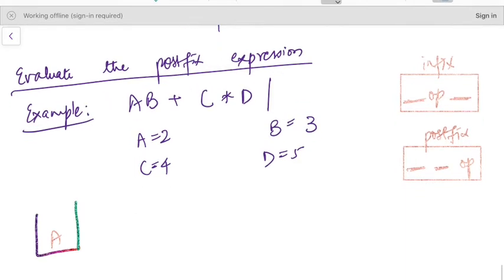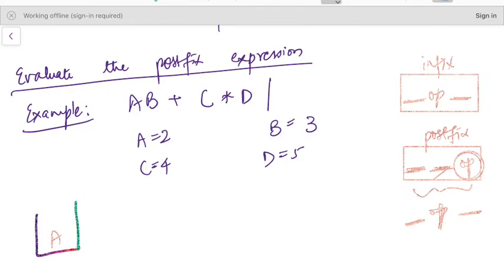To evaluate a postfix expression, we first need the two operands, and then there is an operator. When we get the operator, we should have the two operands at hand, and then we can perform the operation, operand, operator, operand. That's how we manually do it, right? So this is how the expression is evaluated.